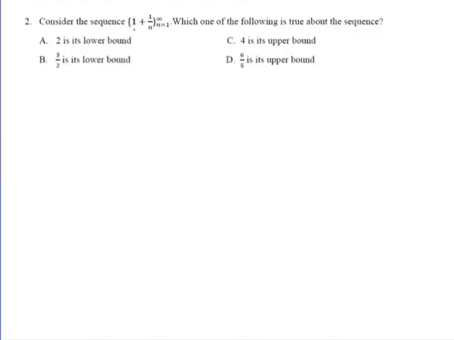Consider the sequence 1 plus 1 over n. Which one of the following is true about the sequence? Okay, since the options talk about lower bound and upper bound, let me say something briefly.